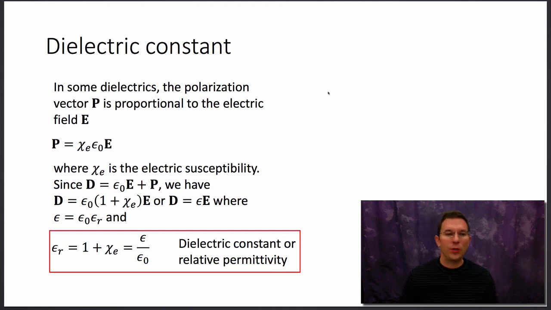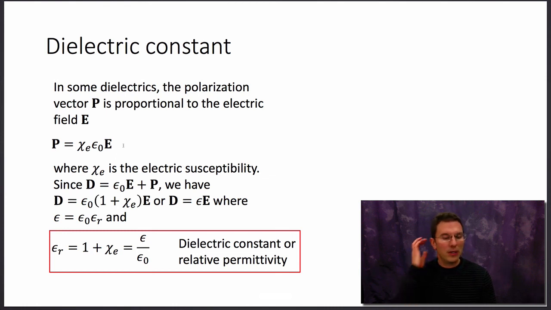Well, what else can we do with this? It turns out that in some dielectrics, the polarization vector P is proportional to the electric field. This is an equation that holds for some but not all materials. So we say the polarization vector P is proportional to the electric field, which makes a certain amount of sense.